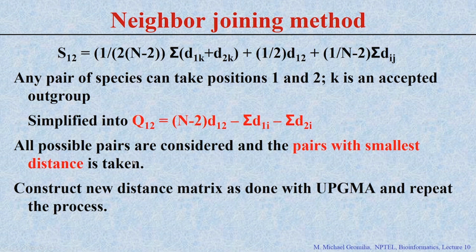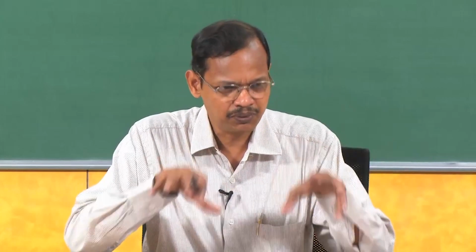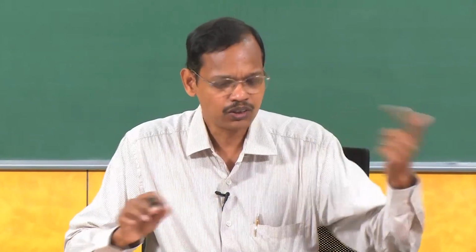Based on that they derive this complicated equation, depending upon the distance, to get the possible pairs which are connected to each other with respect to the smallest distance. Once the smallest distance is found, they can use the standard method to get the distance matrix as well as the trees. The simplest idea is that they utilize the information from different species together rather than doing it one by one.